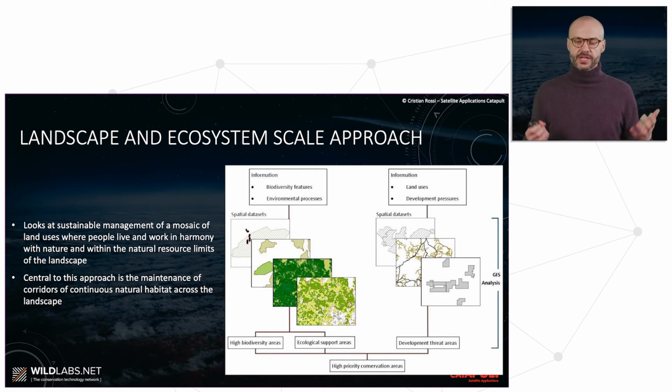This is a very popular system to get data, to process data, and to derive geospatial maps that have specific requirements. The information here covers biodiversity features and environmental processes, as well as land uses and development pressures. So the objective was to create high priority conservation areas.